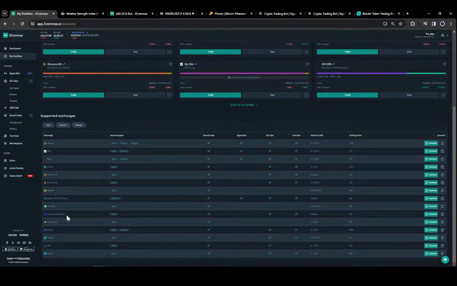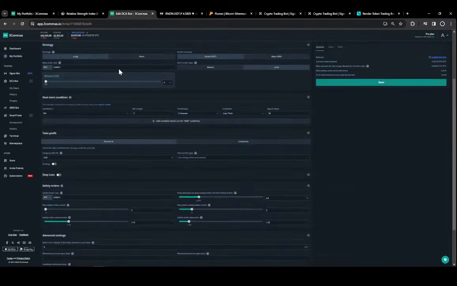You can see it here. Coinbase, Crypto.com, Gate.io, Gemini, HTX, Kraken. Some of them support only spot. Some of them support spot and futures. So if you have multiple exchange accounts, you could have them all under one place, and you could control and manage your bots from one account. That's one reason why you would want a platform like 3Commas.